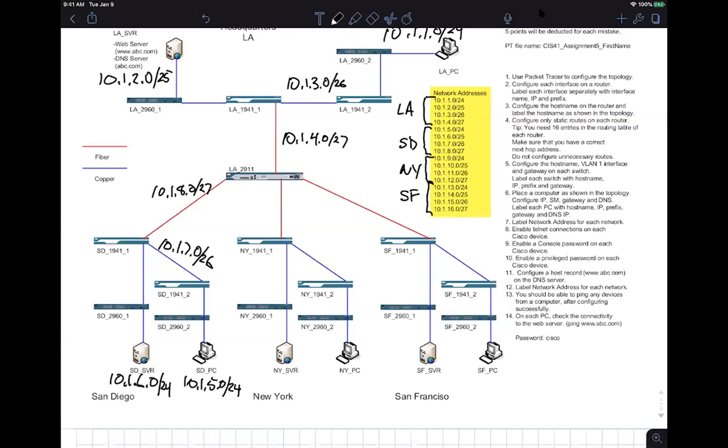Okay, more of the same, more of the same for the NY side here. Uh, 10.1.6 is /25. Okay, NY side is 10.1.12.0/27.